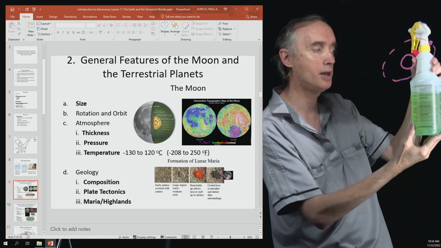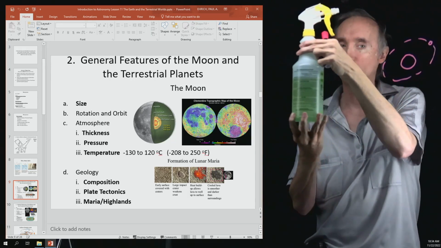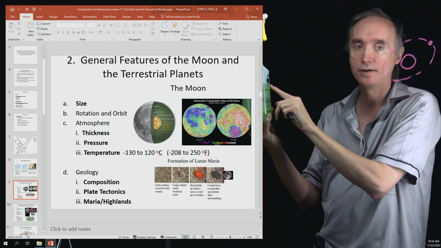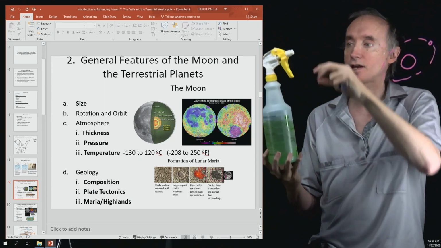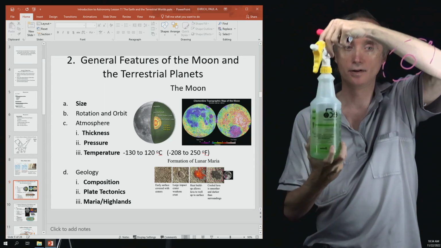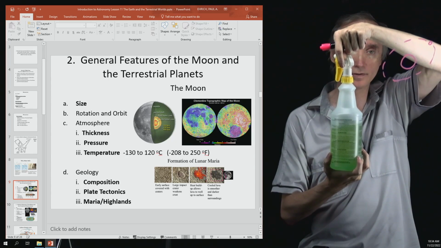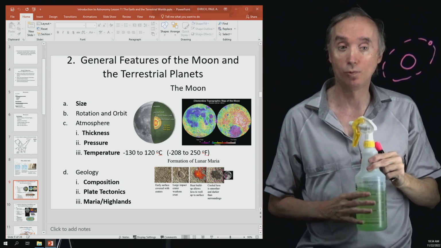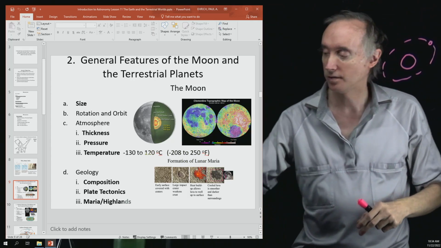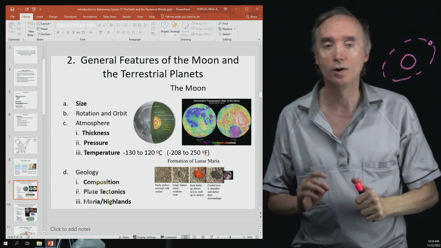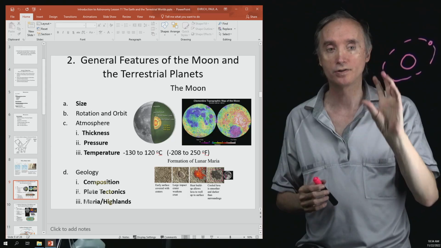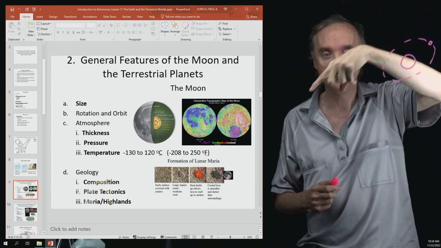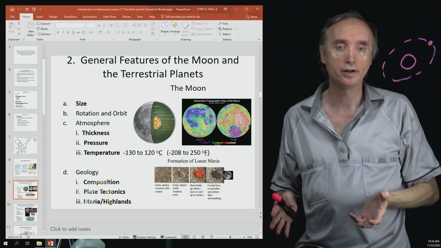Then make it orbit around your body so that, again, you're only looking at one side of it. Notice how many times this thing rotated as it went around your body, and you're going to find it only does it once. This explains why we only see one side of the moon: its rotation rate is the same as its orbital rate, and that's as a result of gravity.